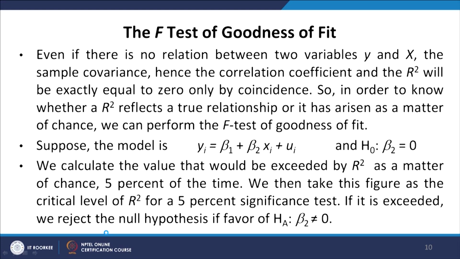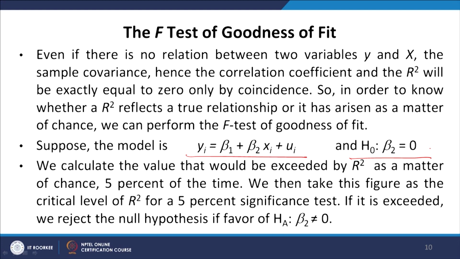Suppose the model is y_i equals beta 1 plus beta 2 x_i plus u_i. So, we are considering a simple regression, where i stands for the ith observation and the null hypothesis is beta 2 equals 0. We calculate the value that would be exceeded by R square as a matter of chance 5% of the time.